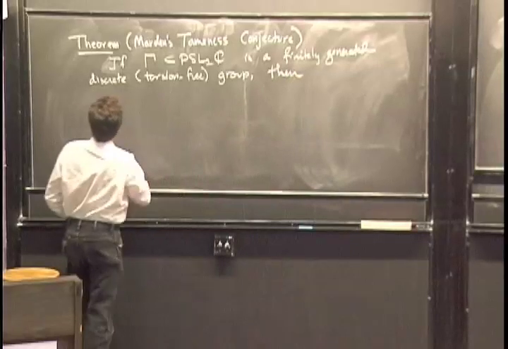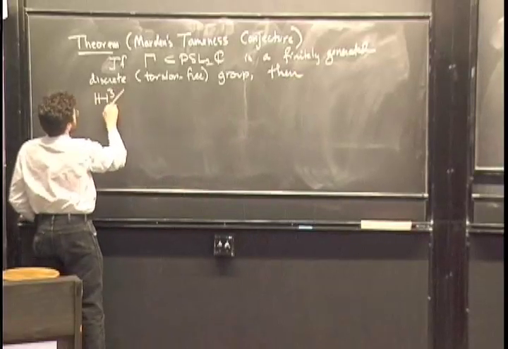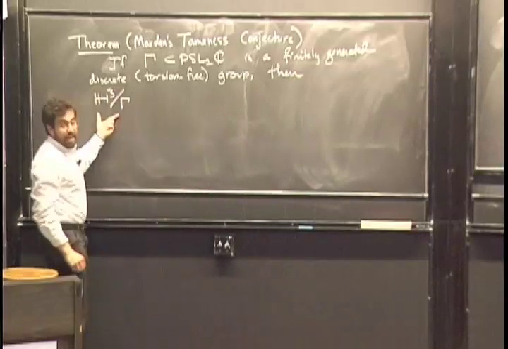So then the quotient 3 manifold, hyperbolic 3 space mod gamma, is tame.